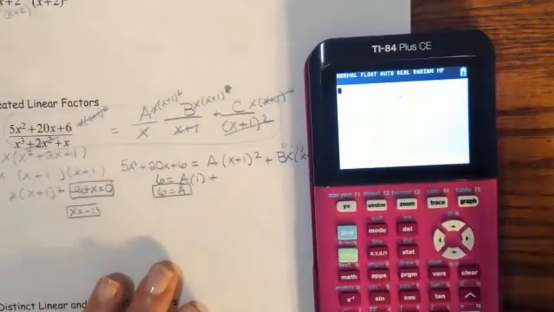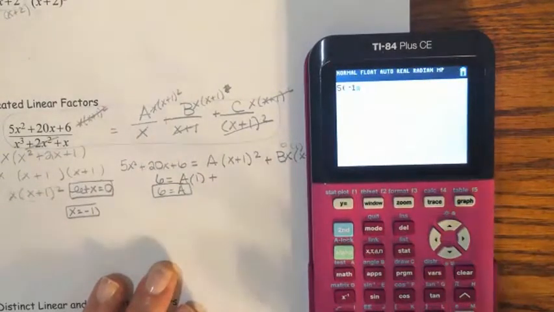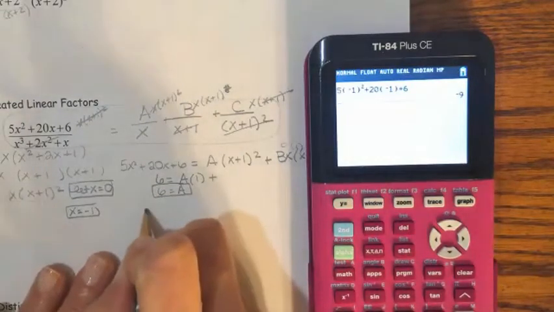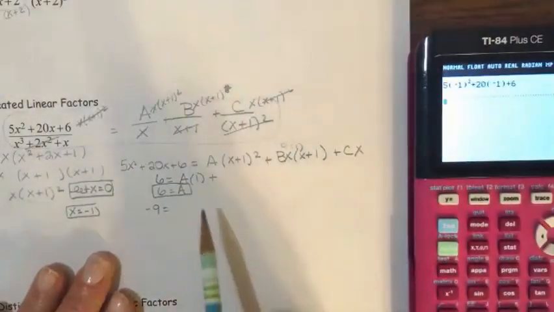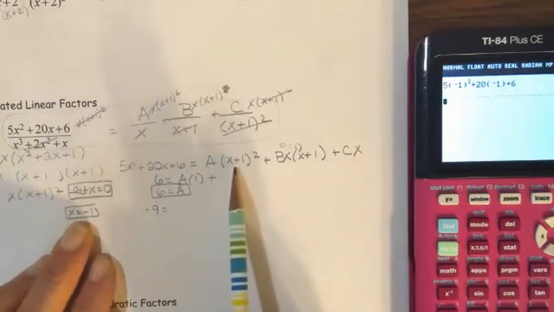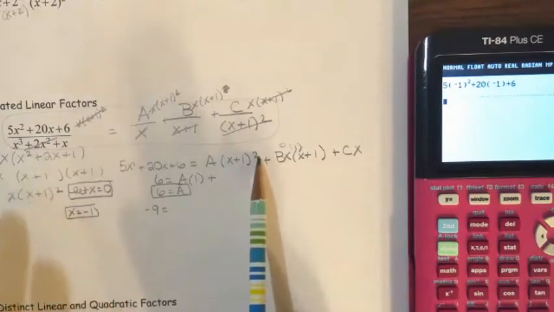So over here, 5 times, and you're going to want to use parentheses, -1 squared plus 20 times -1 plus 6. So that equals -9. If I plug in -1 up here, I'm going to get -1 plus 1 is 0. 0 squared is 0.